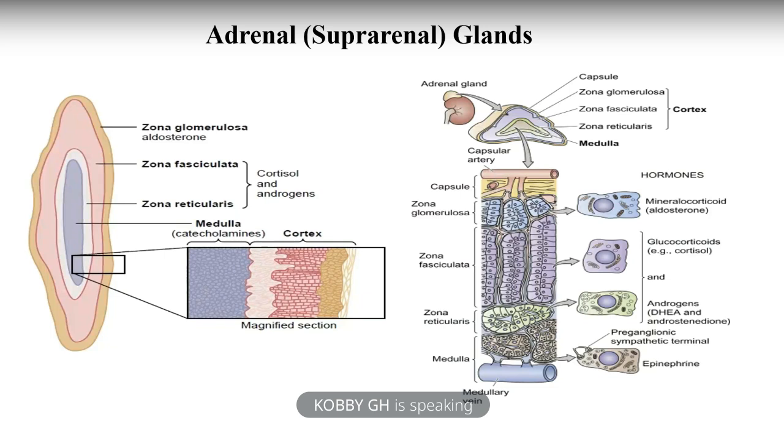The medullary hormones are three: epinephrine, norepinephrine, and dopamine, which together we call catecholamines. What hormones do we call catecholamines? Epinephrine. Yes. Epinephrine, norepinephrine, and the last one.